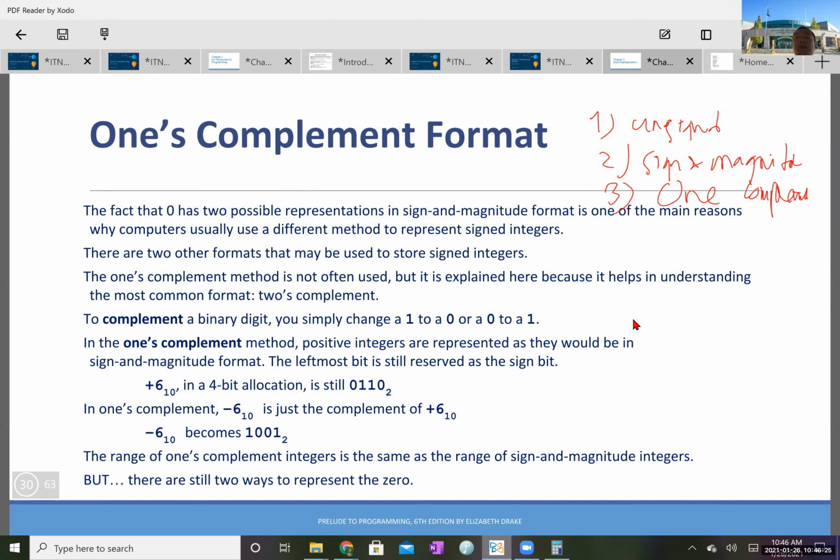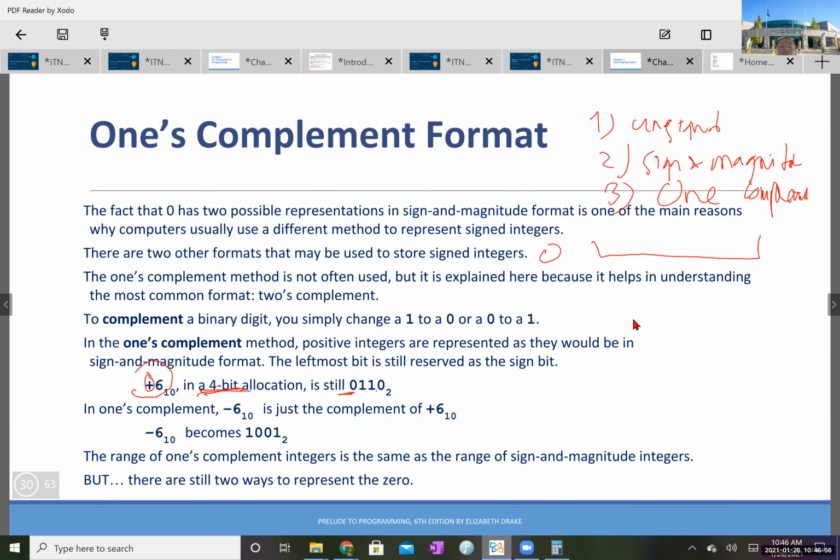When working with the positive number, you have 1 bit, the sign, which is number 0 here, and the magnitude you just convert normally. So now think about you have positive number 6 here. If you have a 4-bit location, the first bit here is the sign, number 0, we call it positive, and the 6 when you convert it to binary, you have 1 1 0. So the positive 6 is 0 1 1 0.